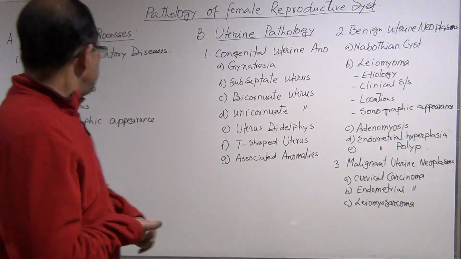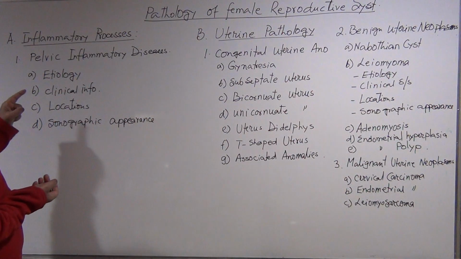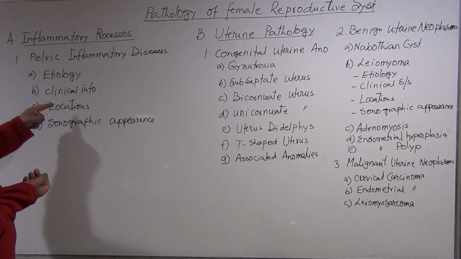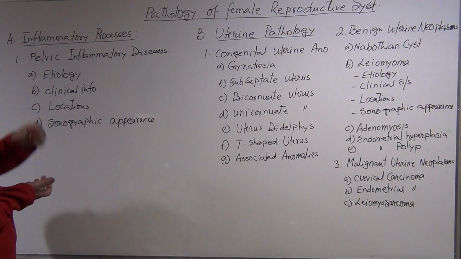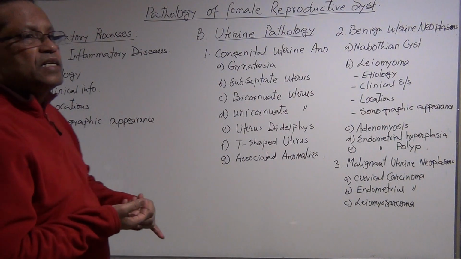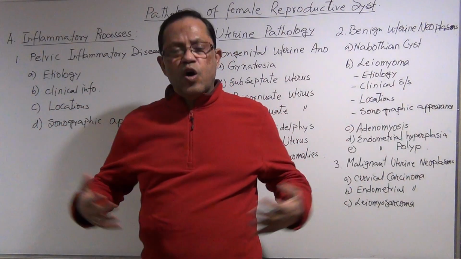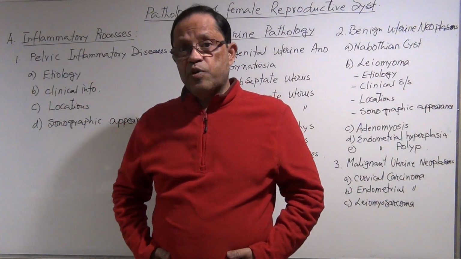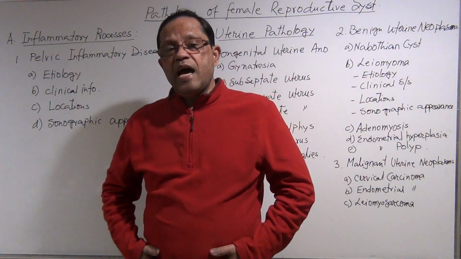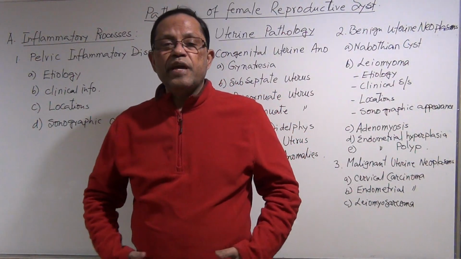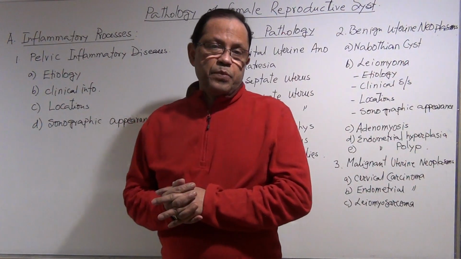And in PID, the organs that get involved in the disease are all organs in the lower female reproductive system, including any anatomy in the pelvic cavity.